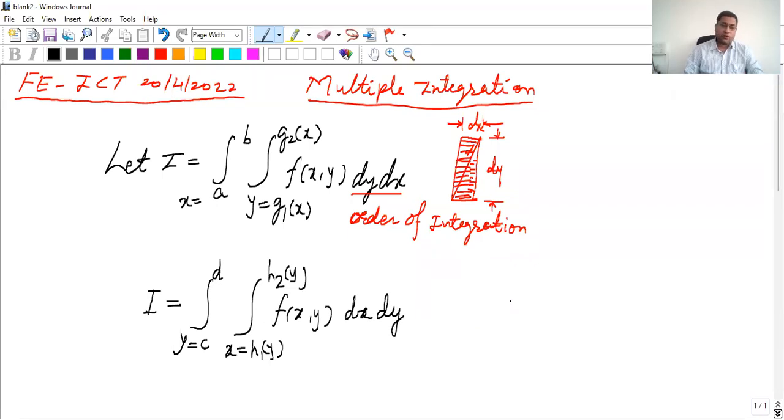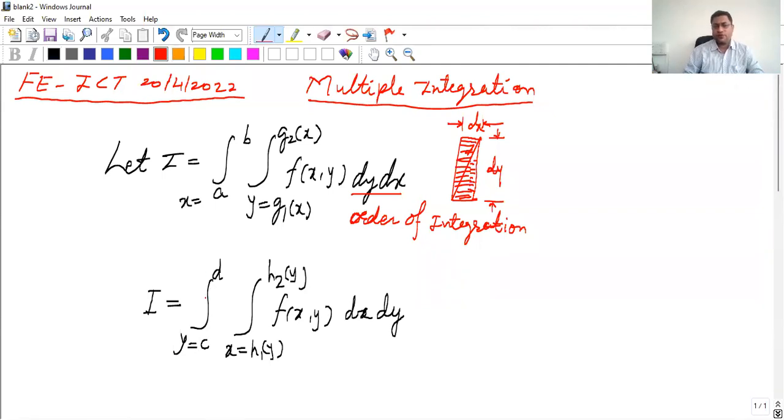If x is expressed in terms of y, then x will be integrated first, and y will have the constant limits.